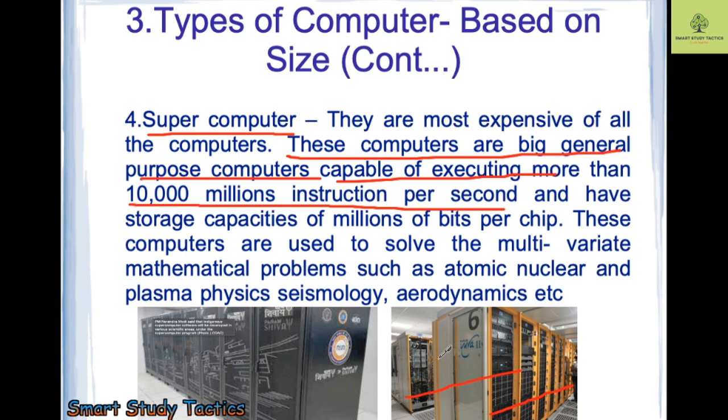You can imagine how much data they process and calculate. That's why it calculates 10,000 million instructions per second, and has a storage capacity of a million bytes per chip. That's why the supercomputer is used.